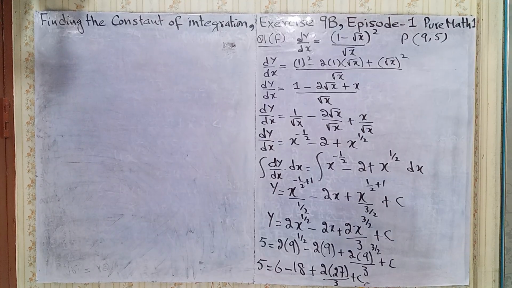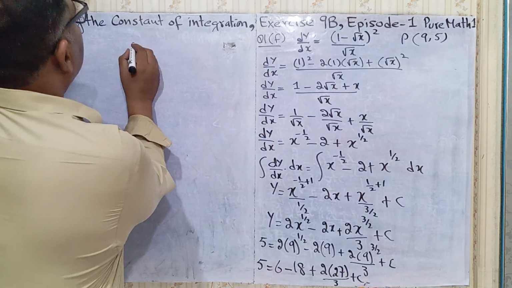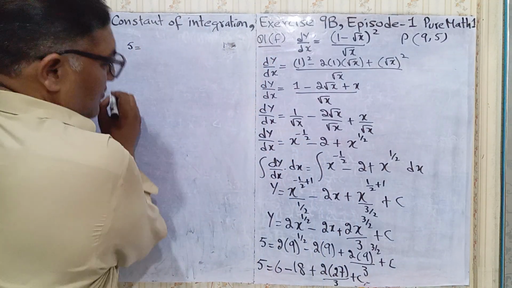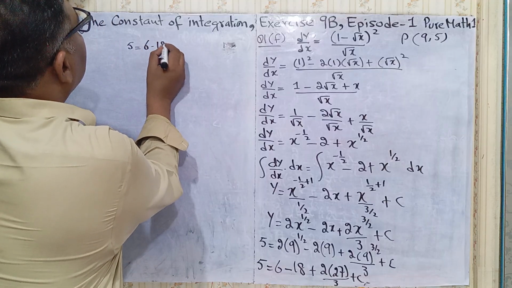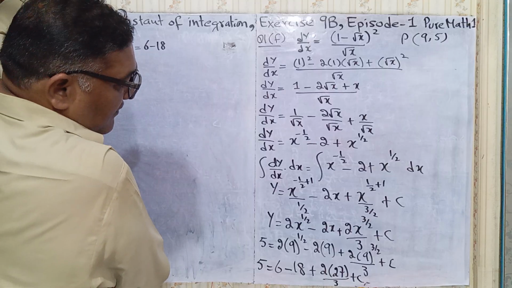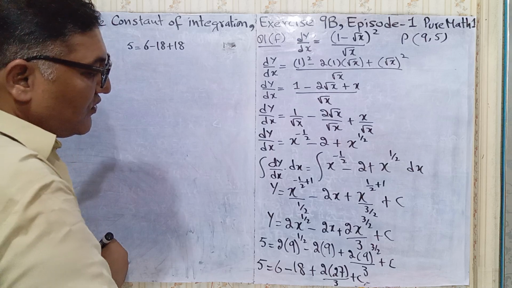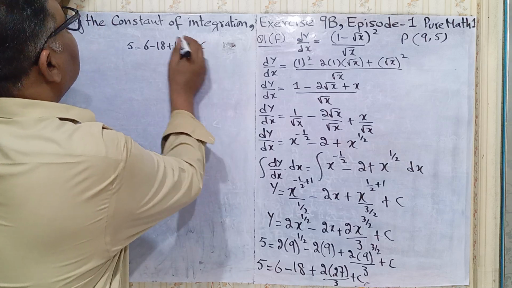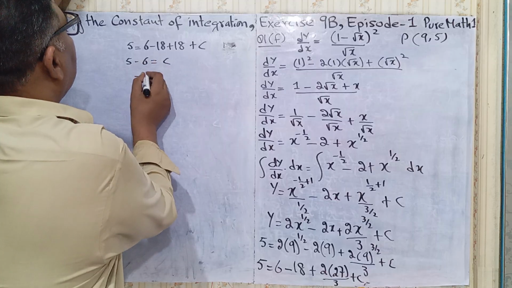So this will become 5 equals 6 minus 18, and then 9 twos are 18, so plus 18, and then plus c. This cancels, so 5 minus 6 is equal to c, that is, c is minus 1.